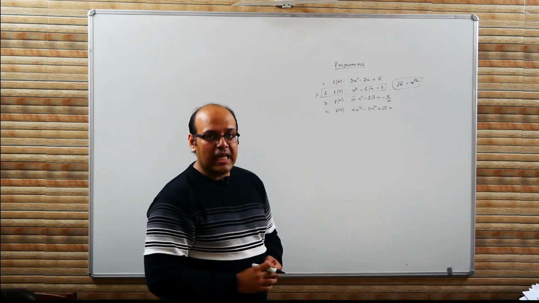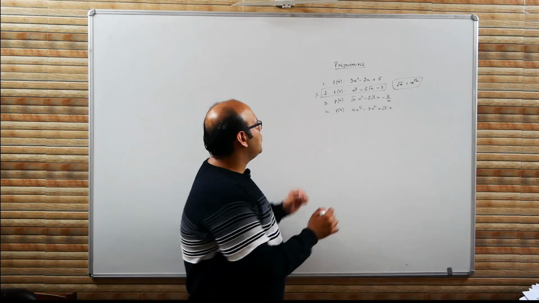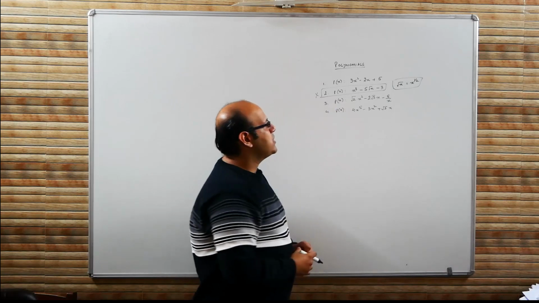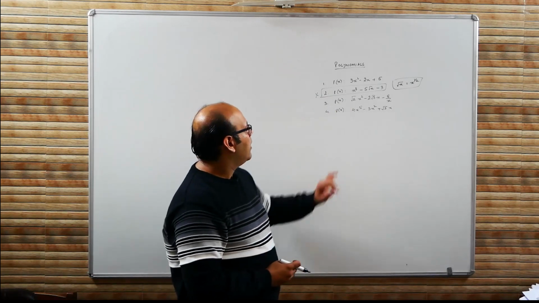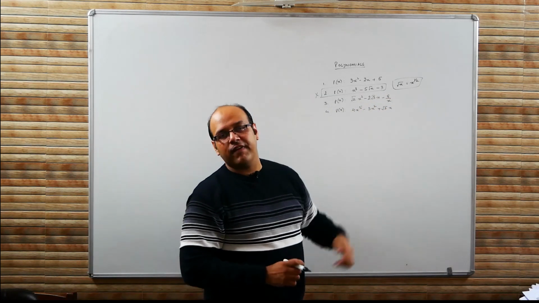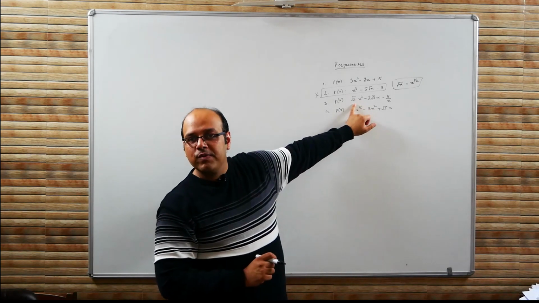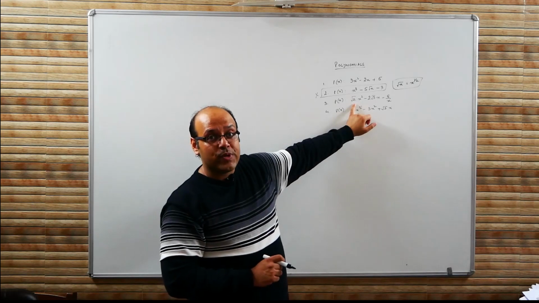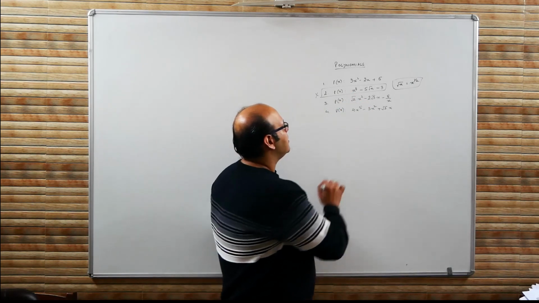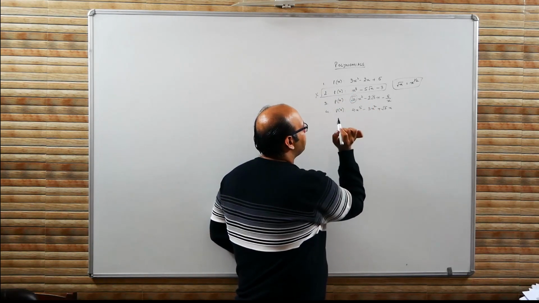This is not a polynomial. Now the same goes for the third expression, p(x) equals root 2 x squared minus 2 root 3 x minus 5 upon x. Nothing is wrong with the root terms, because the square root sign is not on the variable. The square root sign is on the constant, which is fine.